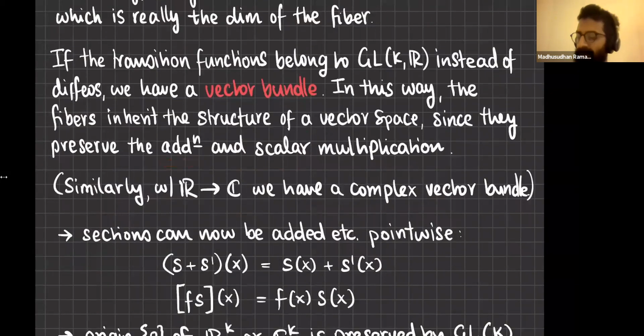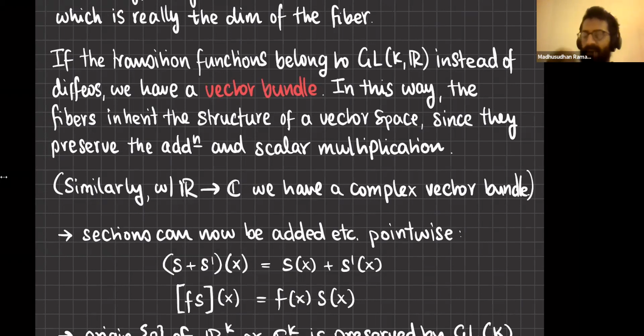This is nice because the fact that the general linear group preserves the notion of addition and scalar multiplication tells us that we can do things pointwise. So for example, I can now add sections pointwise. You remember that a section was essentially an object that associated to each point on the base manifold a point in the fiber, right?